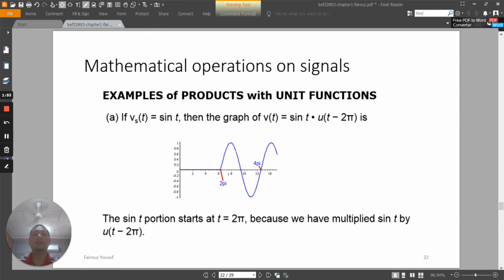Here is an example where we have two different functions, and then we multiply them. This is actually quite similar to the 2 exponential negative t over 2 multiplied with u(t). Here we have v(t) equals sin t times u(t minus 2 pi).